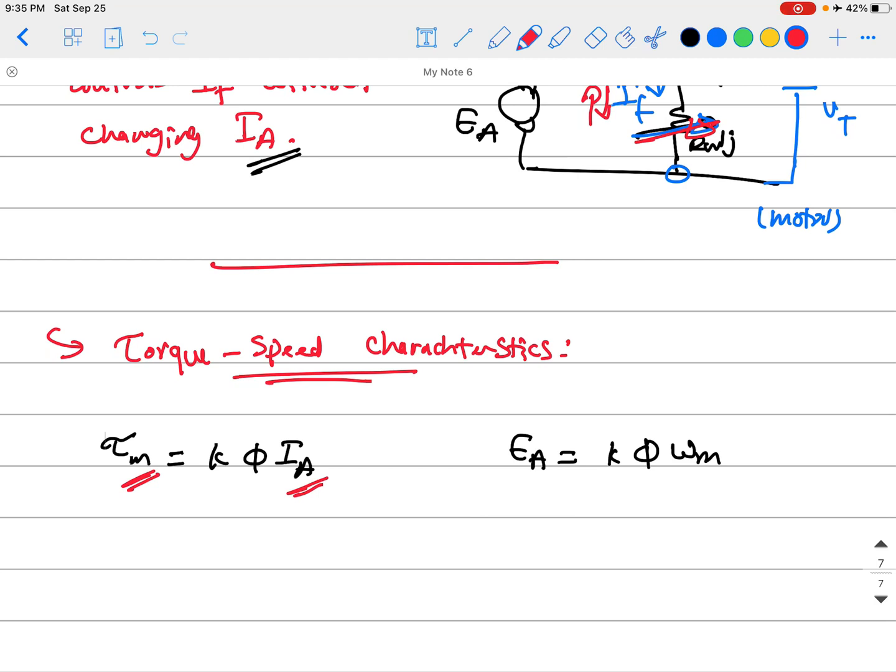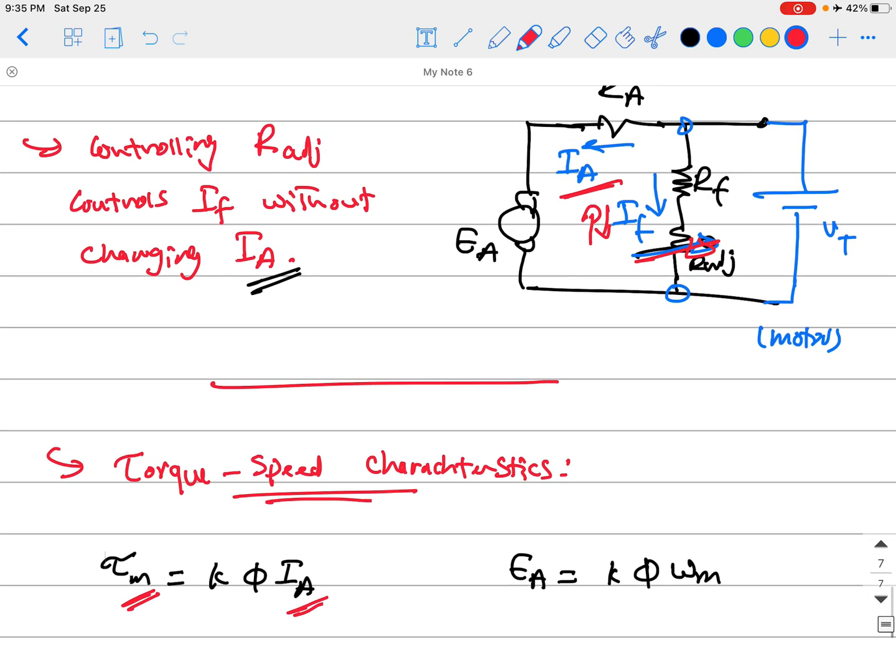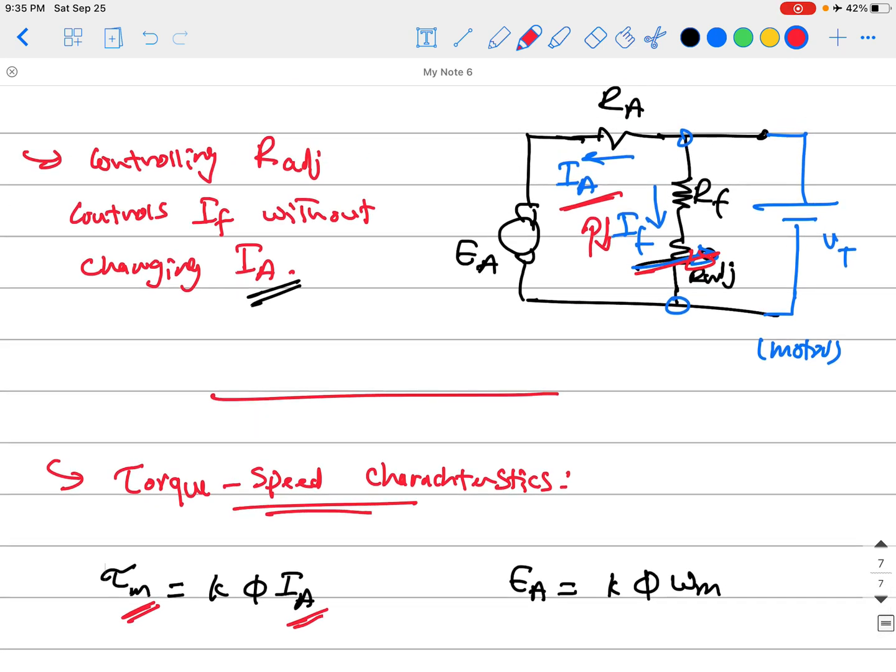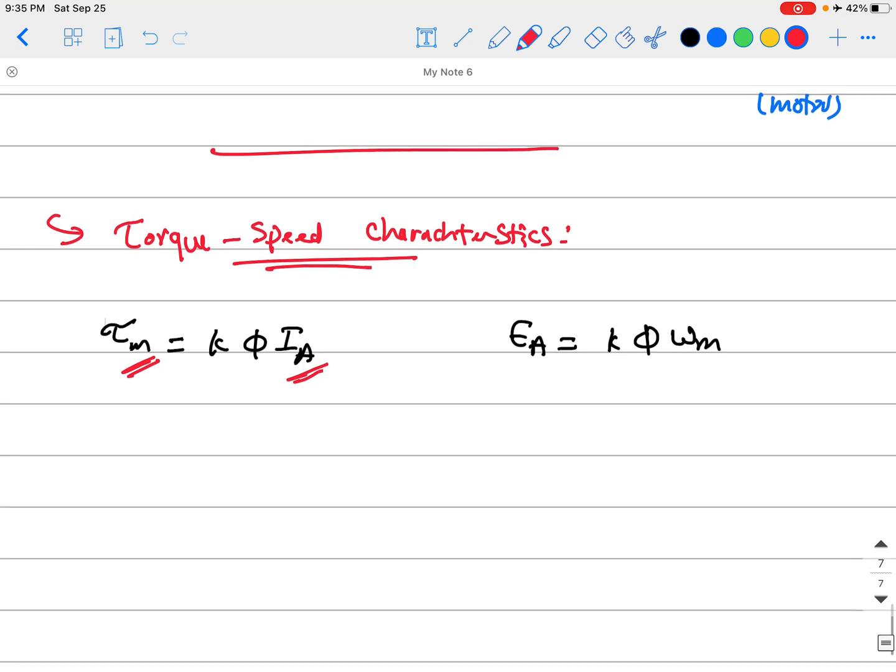So we make sure that our machine generates as much torque as the load requires, and not play with it just to adjust the flux inside the machine. Okay guys, that's why we like to add the R adjustable to the field winding to control IF without controlling IA, because controlling IA would play with the torque directly.